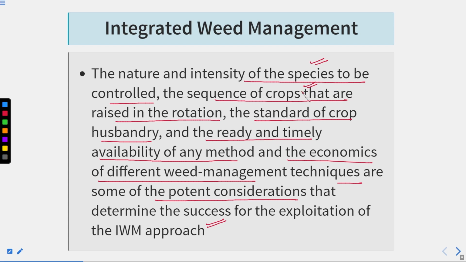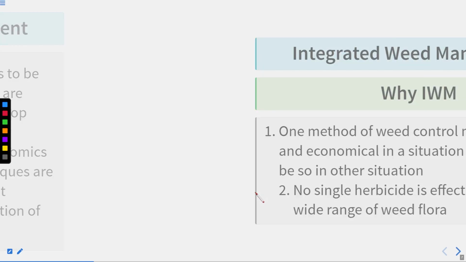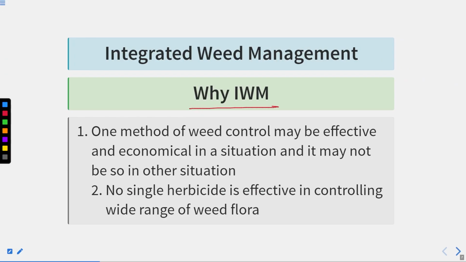The sequence of crops raised in the rotation is very important. The standard of crop husbandry that has to be followed, and the ready and timely availability of any method, whether chemical, cultural or mechanical, that we can apply. And the economics of the different weed management techniques determine the success of IWM.